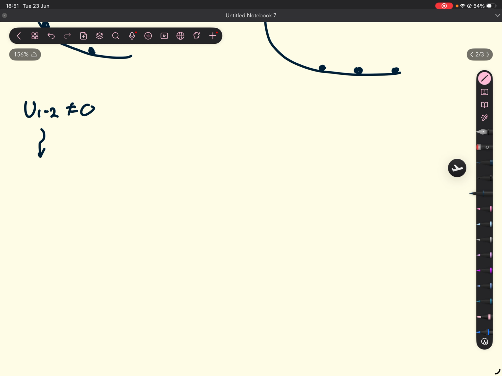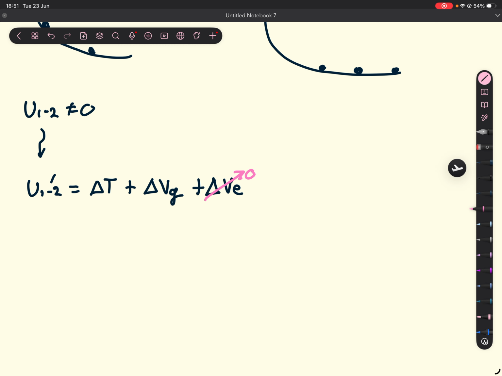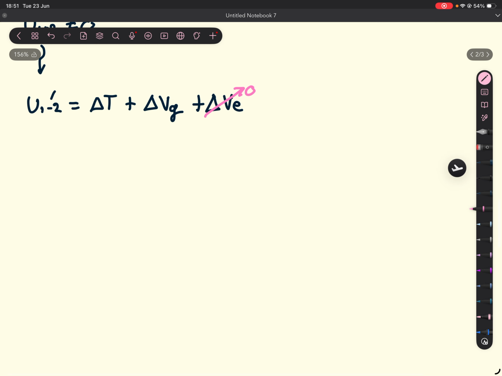So remember, U12, I'm going to say prime, and we'll scratch out that elastic potential energy term. So you have delta T plus delta VG plus delta VE, that's going to be equal to 0. And then you're going to have T2 minus T1 plus VG2 minus VG1.